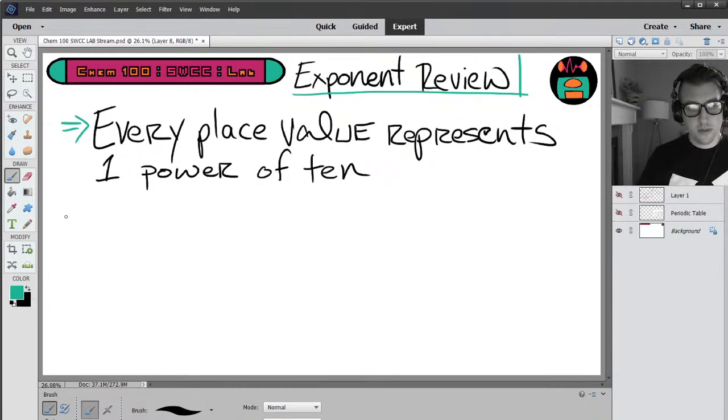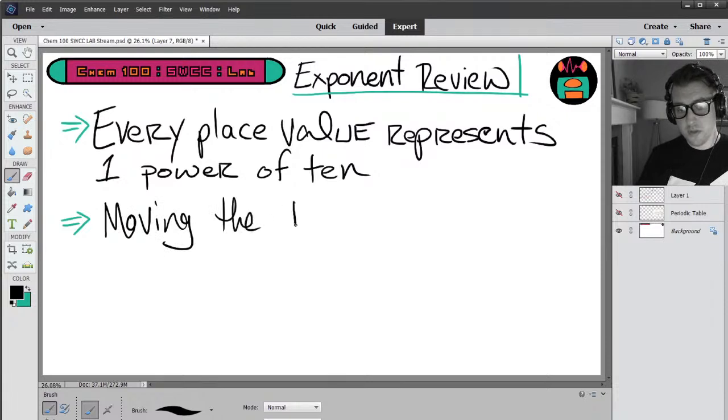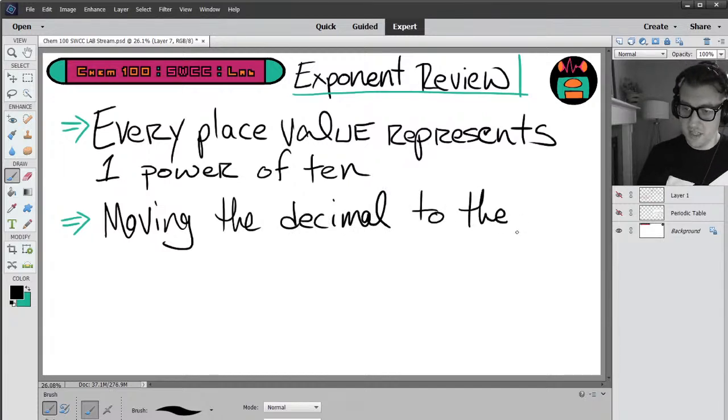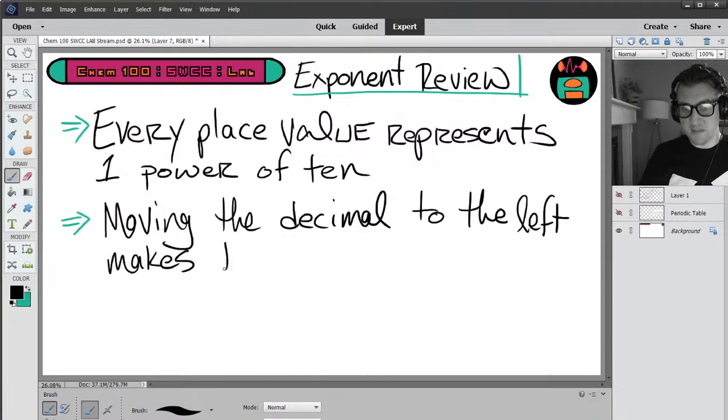Now, moving the decimal to the left makes the exponent positive.